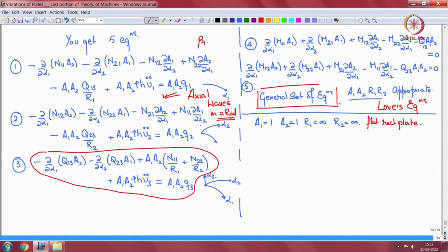Beta definitions, beta 1, beta 2 definition, to make epsilon 1 3 and epsilon 2 3 equal to 0 has to be used in here. Okay. Now we have to focus on the boundary conditions.